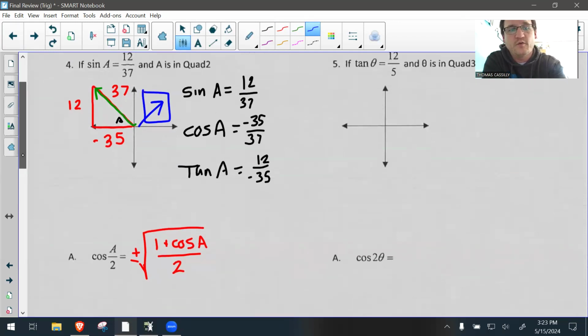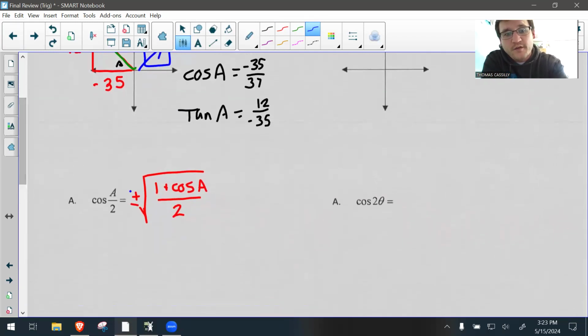Every single trig function is positive in Q1, so we know this is going to be the positive variation. With that in mind, I'm just going to keep simplifying. We have the square root of 1 plus cosine, which is negative 35 over 37, and then that is all divided by 2.